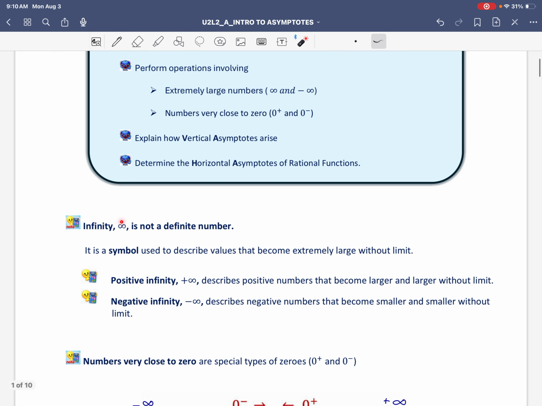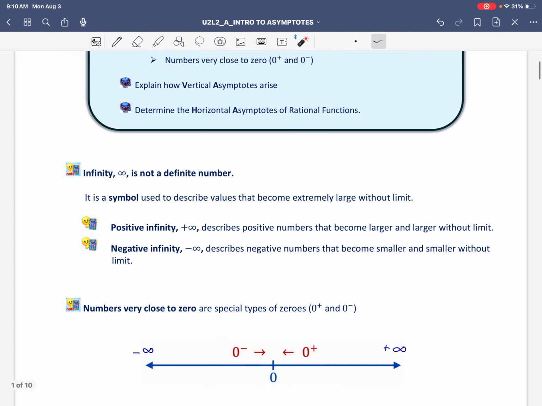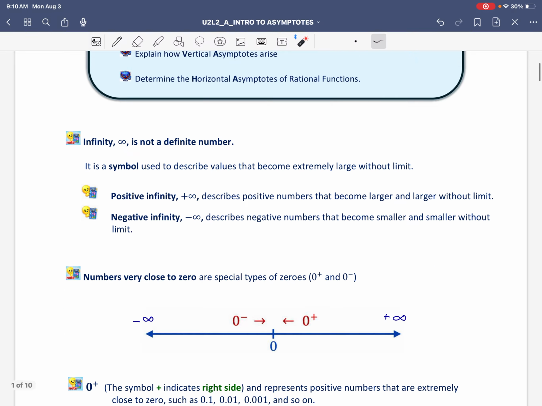Recall that infinity is not a specific or a definite number. It is a symbol that is used to describe values that increase or decrease without limit. Positive infinity, written as plus infinity, describes positive numbers that become larger and larger without limit. Negative infinity describes negative numbers that become smaller and smaller without limit.